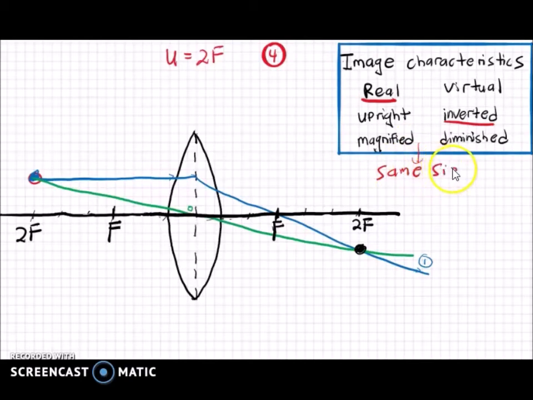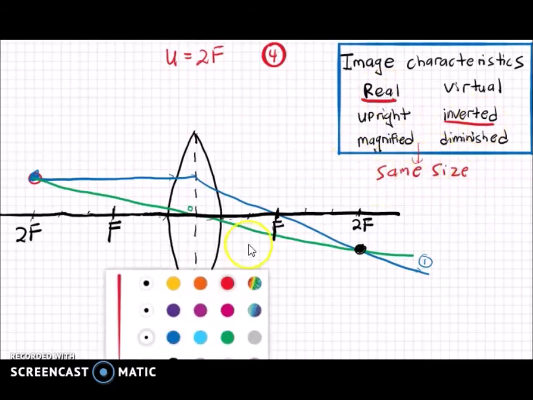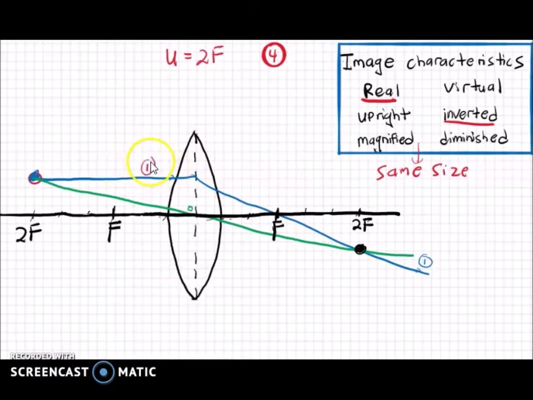So the image for this position of the object is real, inverted, and also the same size, and you are drawing the same rays, number 1, the first one, and the second one. I hope you can understand this.